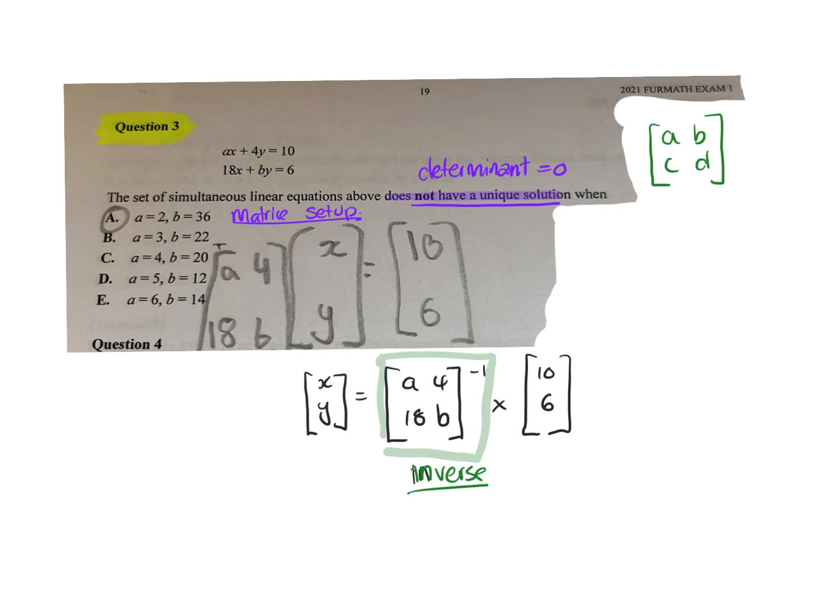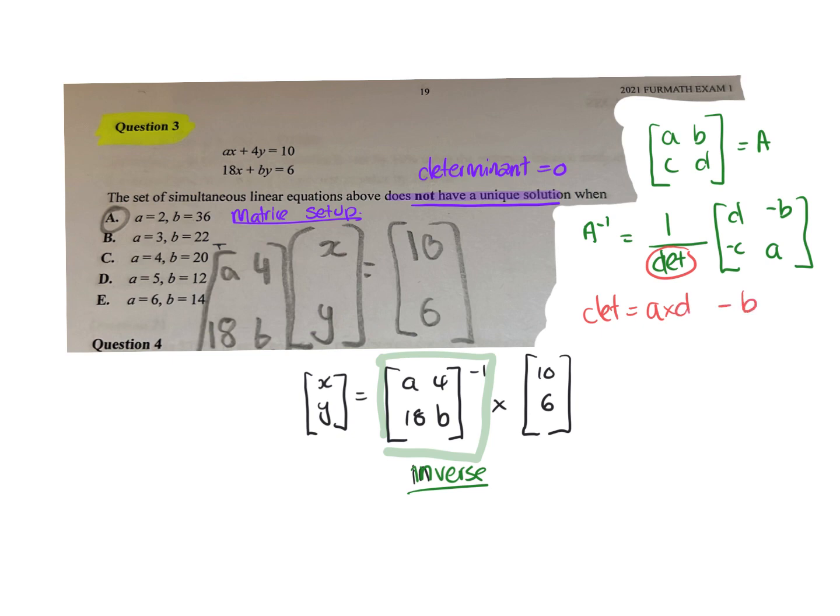If we were finding the inverse of A, the way we would do it would be, we'd have 1 over the determinant, and then we swapped those numbers around and we made the B and the C negative. So we also had this part here, the determinant. The determinant was found by going A times D minus B times C.